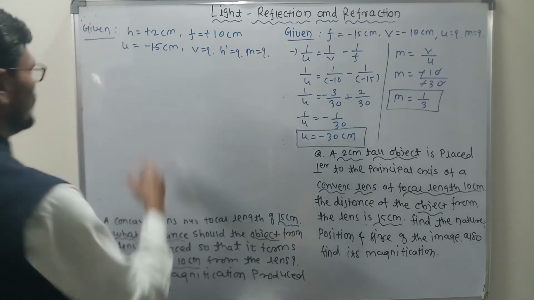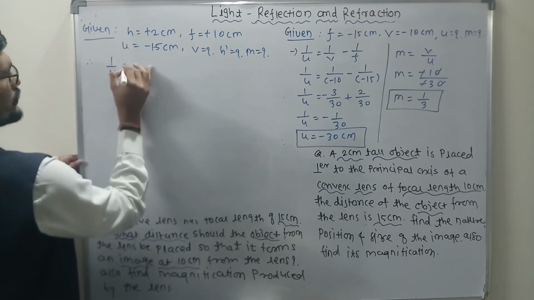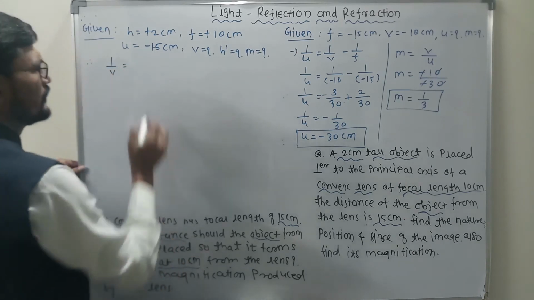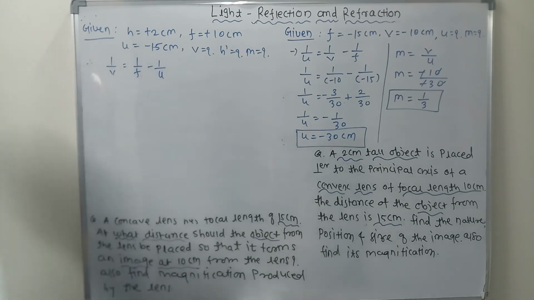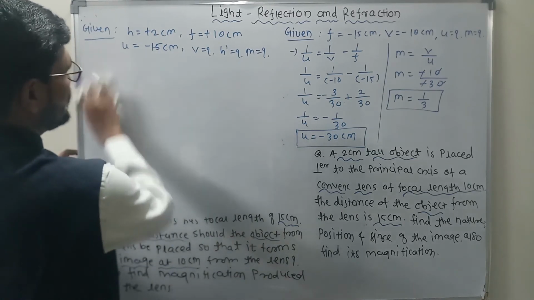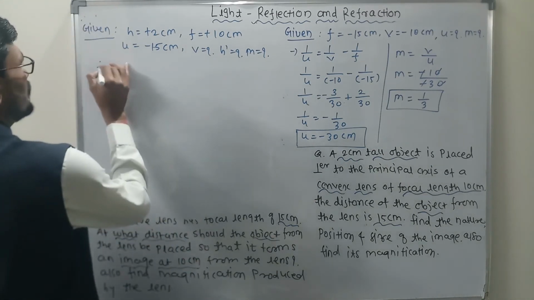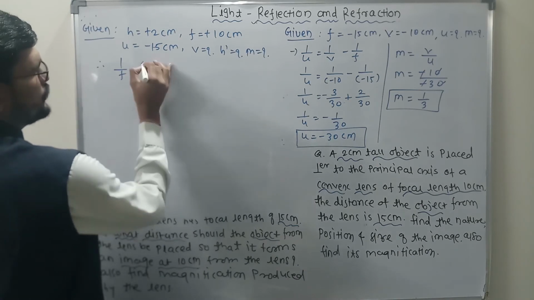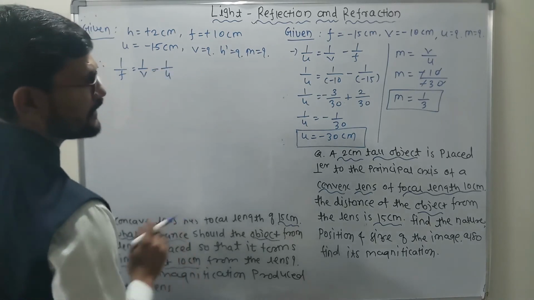How to solve this? So first of all, the formula. If we want to find v, then 1 by v is equal to what? 1 by f minus 1 by u. Clear? 1 by f is equal to 1 by v minus 1 by u. What do we have to find out? v.